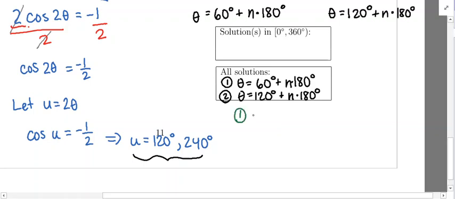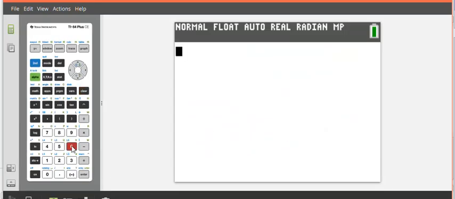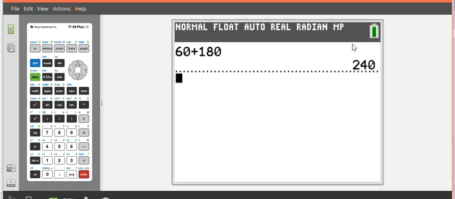If I look at the first equation and plug in n equals 0, I get 60 degrees plus 0 times 180 degrees, which is 60 degrees. So 60 degrees is one of the solutions. If I bump n up to 1, that's 60 plus 1 times 180, which gives me 240.